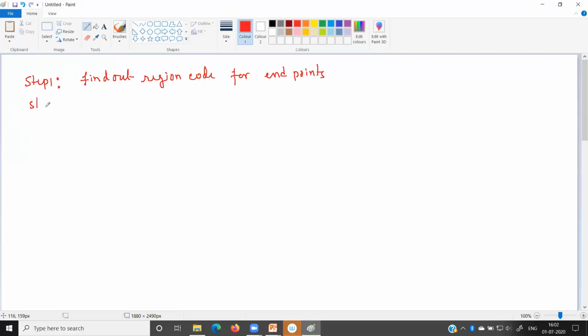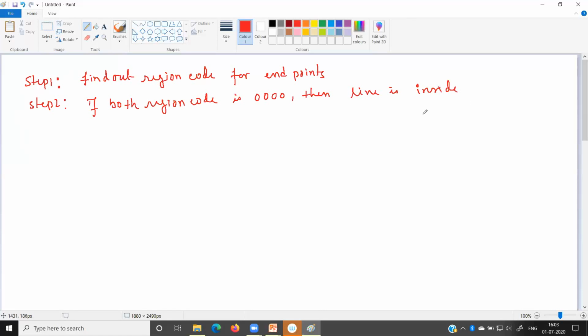Fine. Next, step 2. If both region codes are 0, 0, 0, 0, then the line is inside.